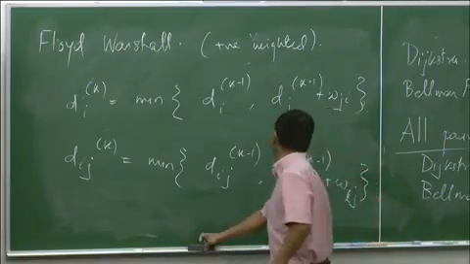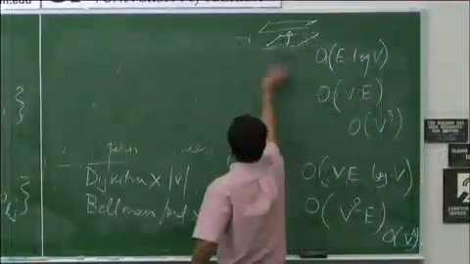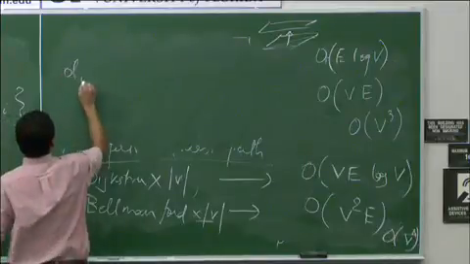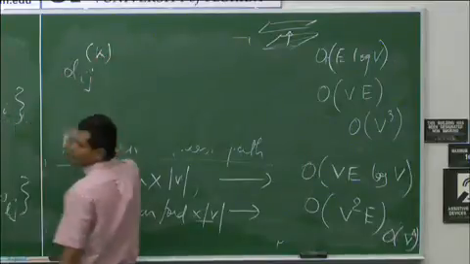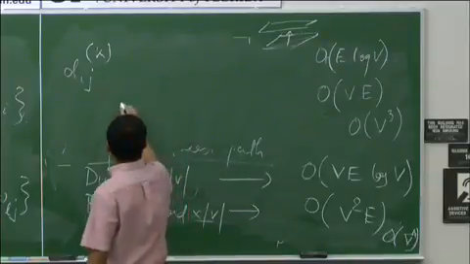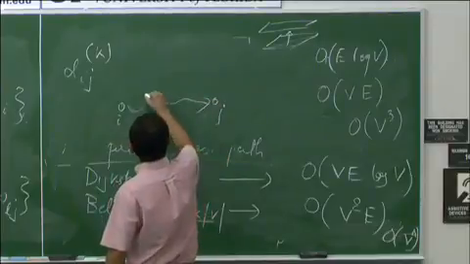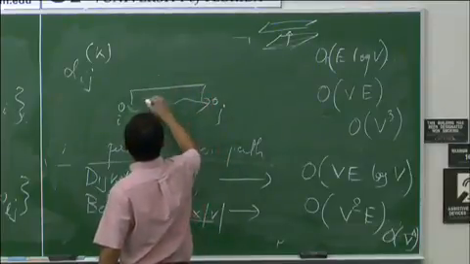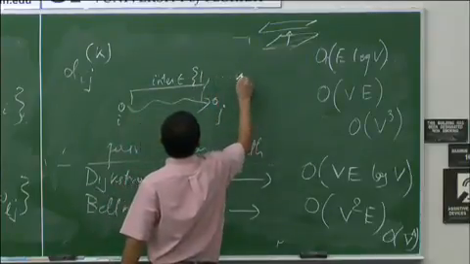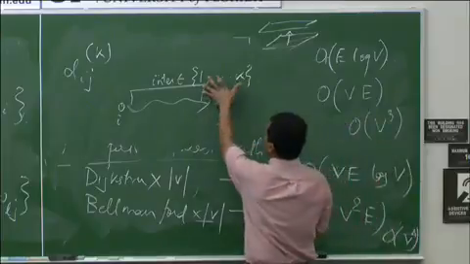Okay. So, here is my new version of d_ij^k. It looks exactly like that, but this k is not length of path. This k is, here is i, here is j, and this path, the intermediate nodes, are only allowed to be between nodes 1 through k.